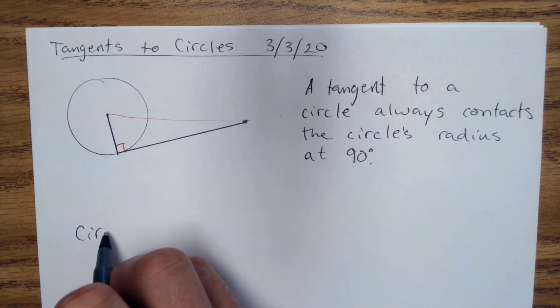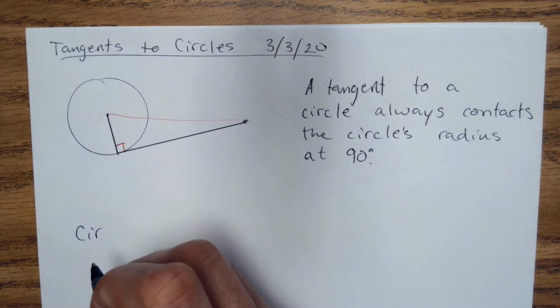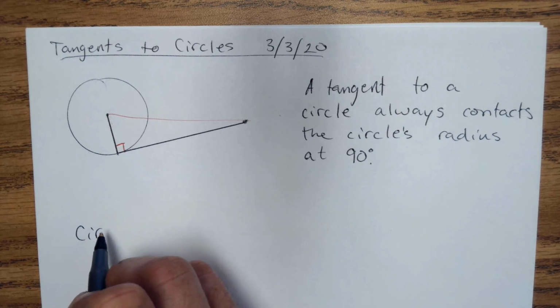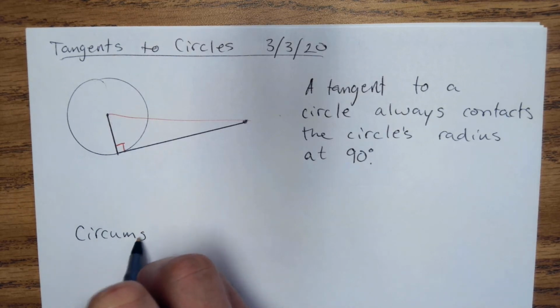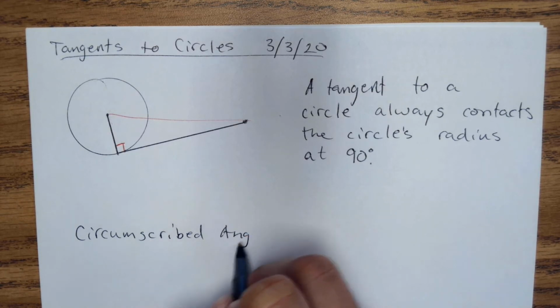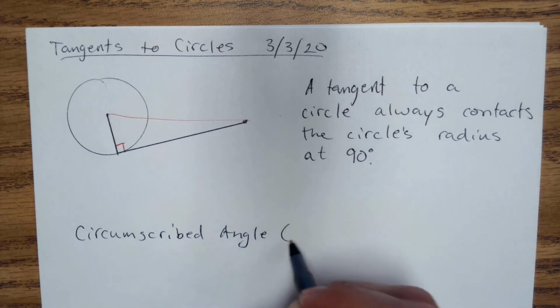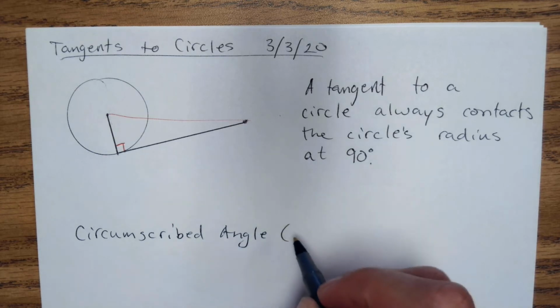Circumscribed angles. That's what we're going to be looking at next. Why do they have to call it that? They're saying it's like circumcised angles. Don't worry about it. I'm kidding.